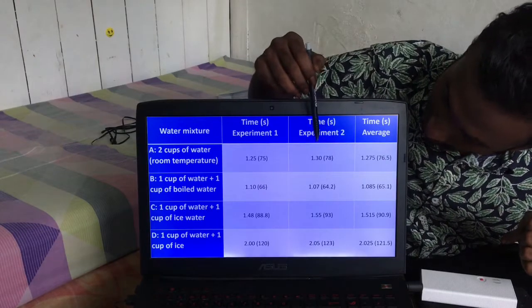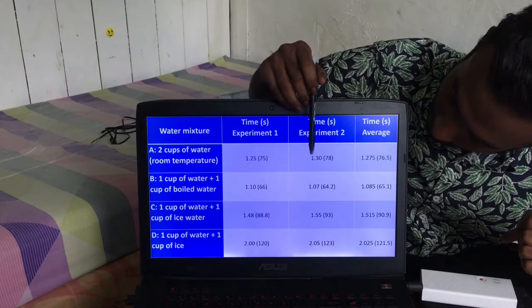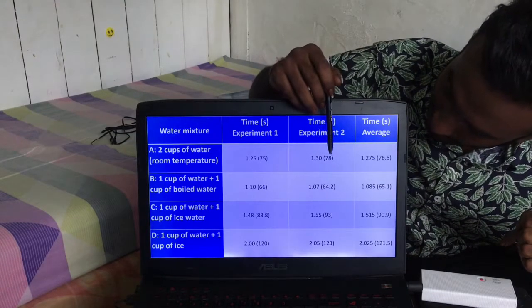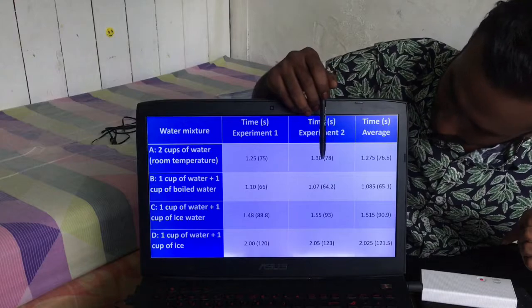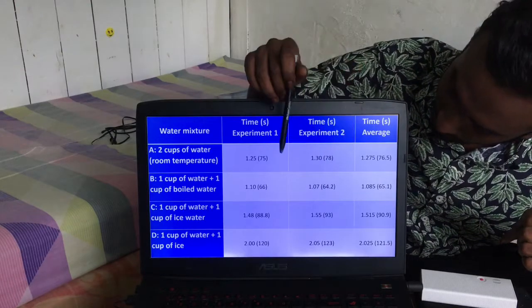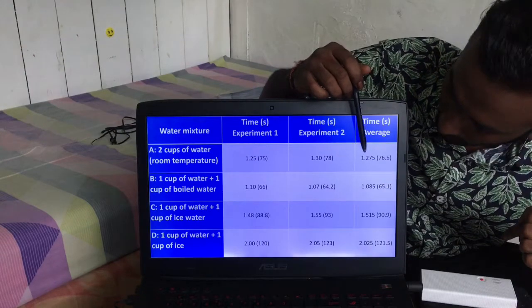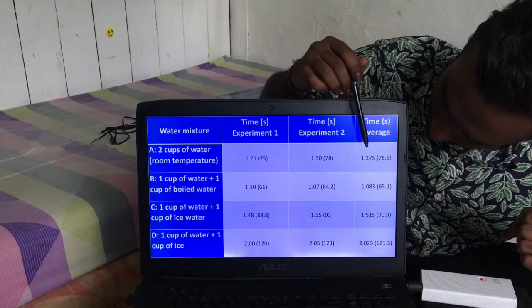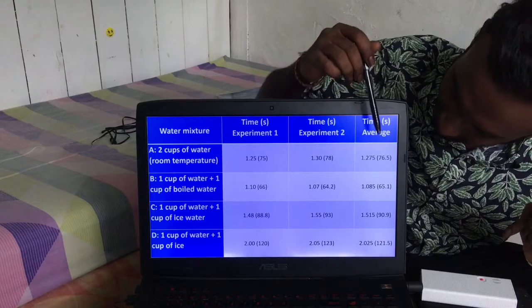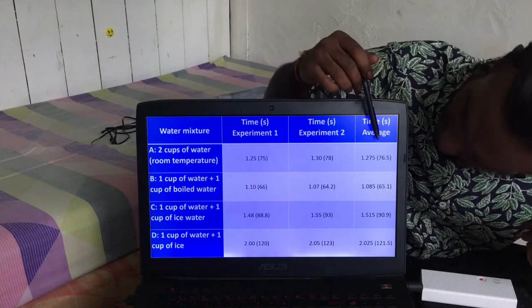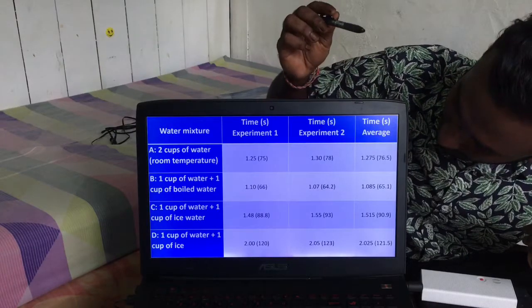For the second trial, I got 1 minute and 30 seconds, which will be 78 seconds if you convert it to seconds. The average time, if you add both and divide, is 1.275 minutes, which after conversion is 76.5 seconds.